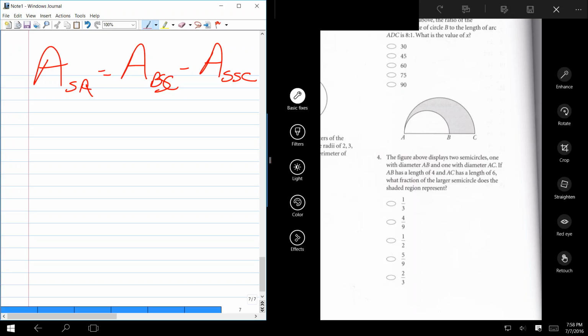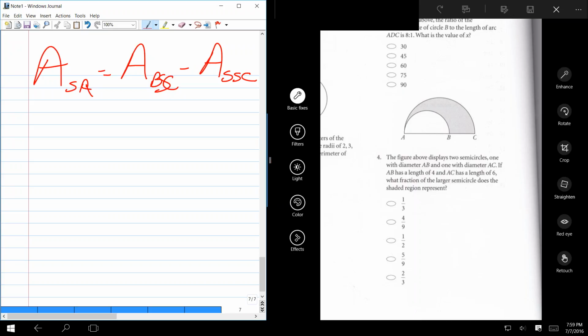If you look at the picture, you can see that the area of the shaded region problems are always subtraction problems. Okay? We're going to have to figure out all of these to know what it's going to be.